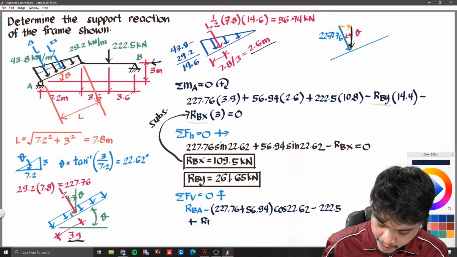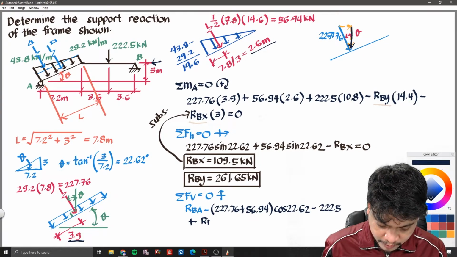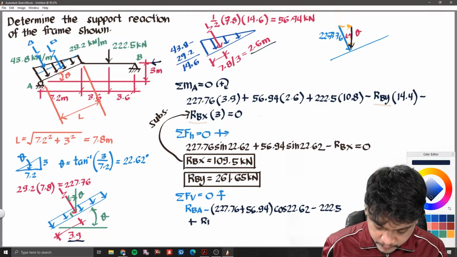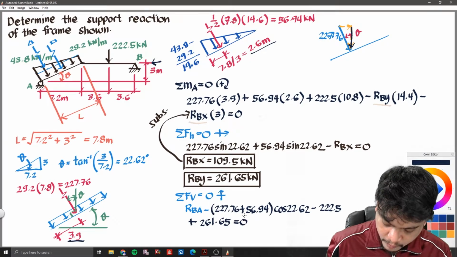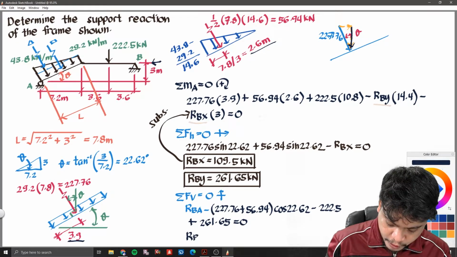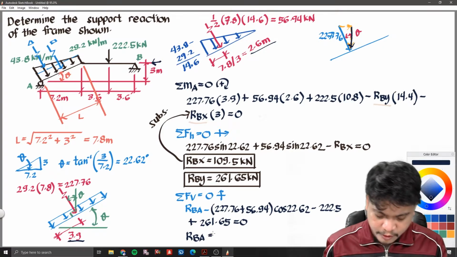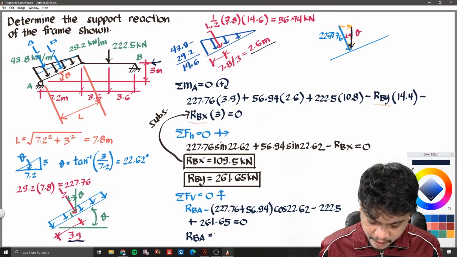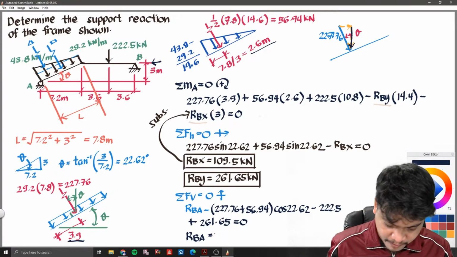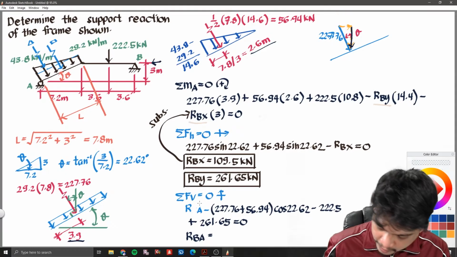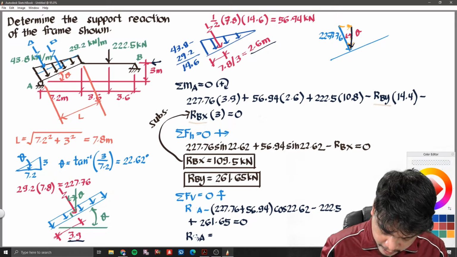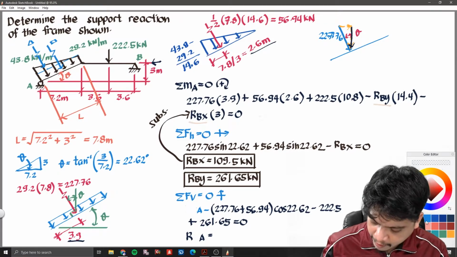But my RBY, oops, meron na pala ako nun. So, RBY ko is 261.65 and that would become equal to 0. So, the only unknown is RBA. Reaction at A. Oops, bakit ba? Okay. It should be RA. Sorry. So, ito rin. It should be RA. Alright.